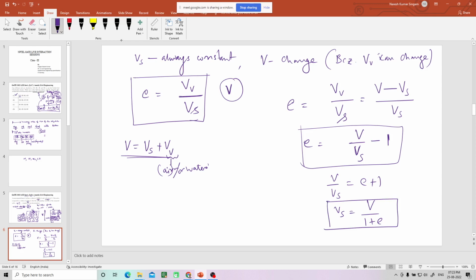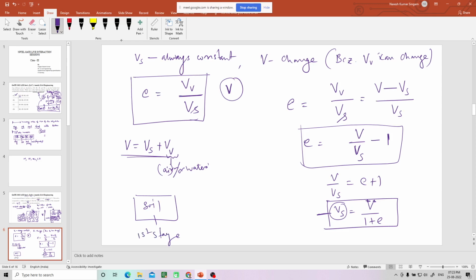Why did I bring this to the left side and remaining all to the right side? Because this is constant. Every time you take a soil, at the first stage, let us say you are compacting. After compaction, now the soil has reduced, it is in the second stage.